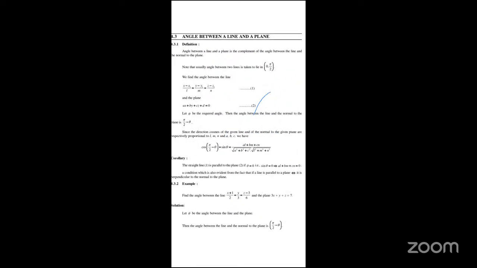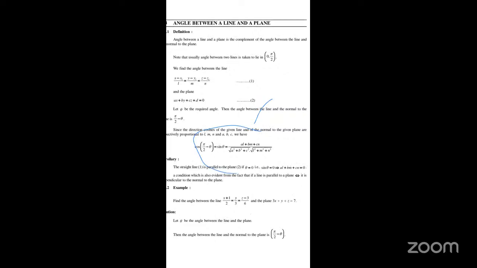So now we need to find the angle. So this is cos of 90 minus theta, that is sine theta. So sine theta equal to AL plus BM plus CN by under root of A square plus B square plus C square into under root of L square plus M square plus N square. So this is the angle between the plane and line.